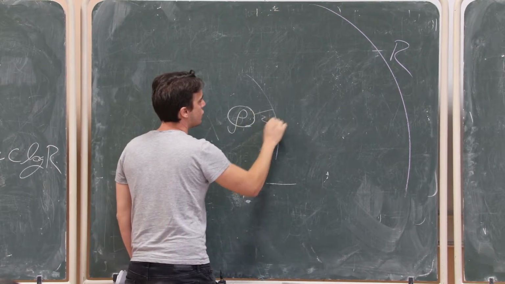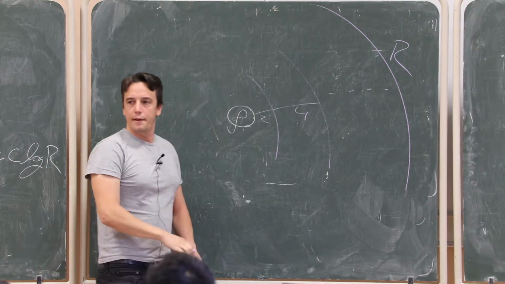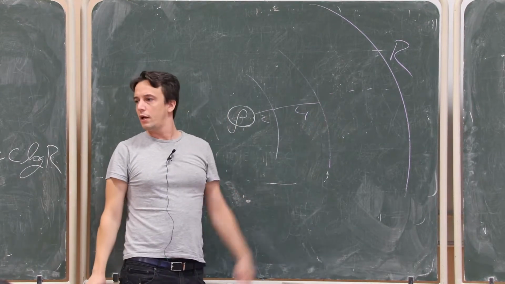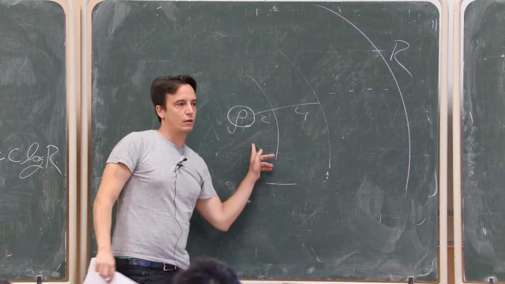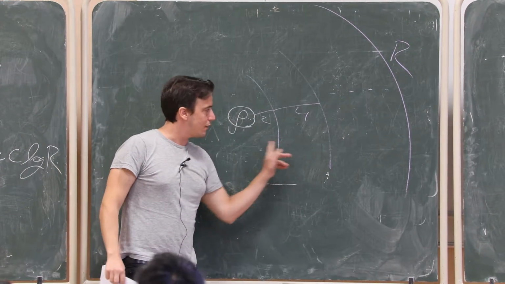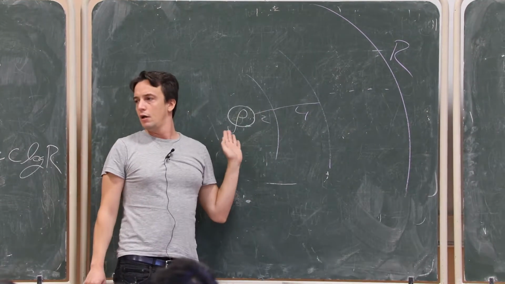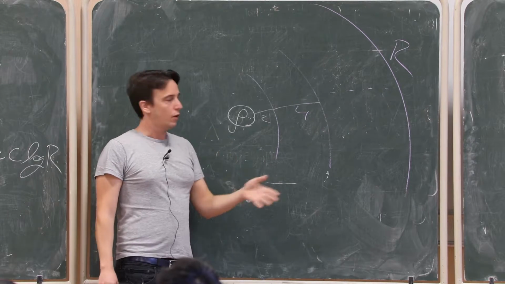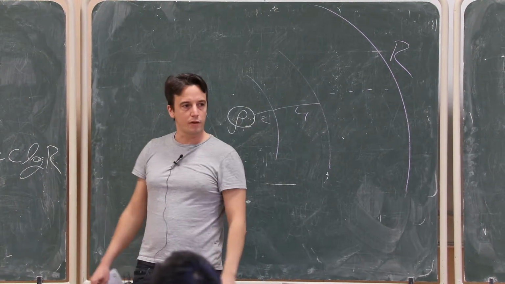So perhaps this is a 2, this is a 4, and so on. The resistance across each of the annuli is at least a constant. There are no edges between two non-consecutive annuli, but just between consecutive annuli. So you're allowed to add all of these resistances and get a lower bound. Because we have log many annuli, we get a logarithmic bound here.